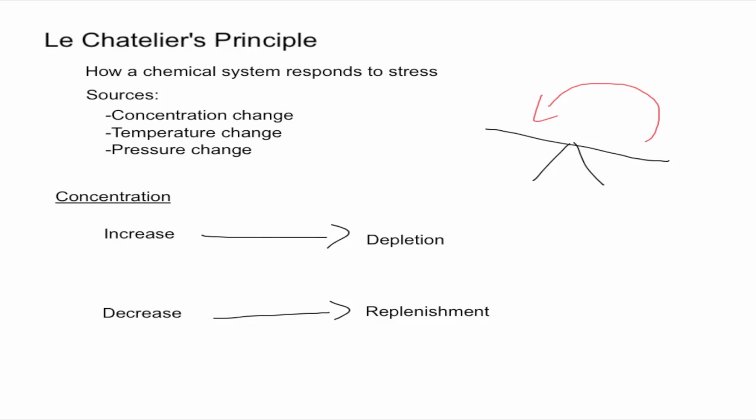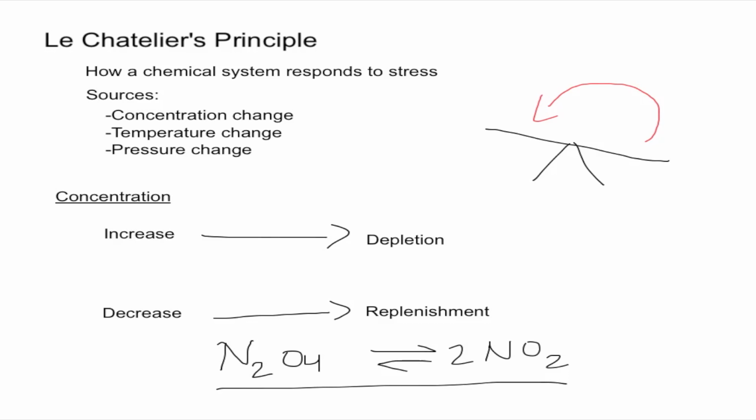So let's say we have this example. We have N2O4, and that is in equilibrium with 2NO2. In the case we add NO2 to the system, that is, we increase the concentration of the product, let's consider this as a balance. It's in equilibrium right now, so it's all even.